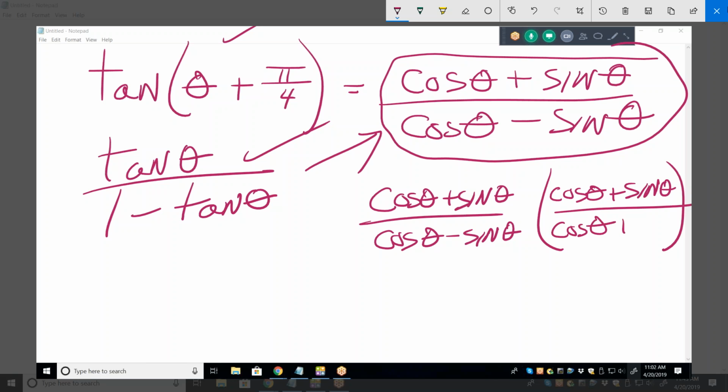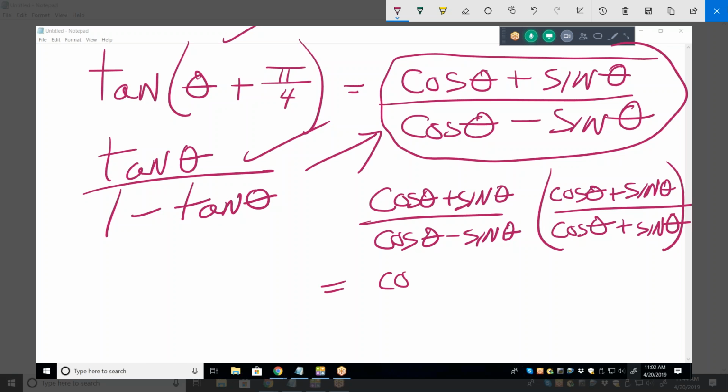That's the number 1. What's the rule for cosine squared minus sine squared? Well, it's equal to cosine of 2 theta, but that's not helpful here. What you usually want to get is cosine squared plus sine squared, which notice we're going to end up with in the top. So let's go ahead and do this.